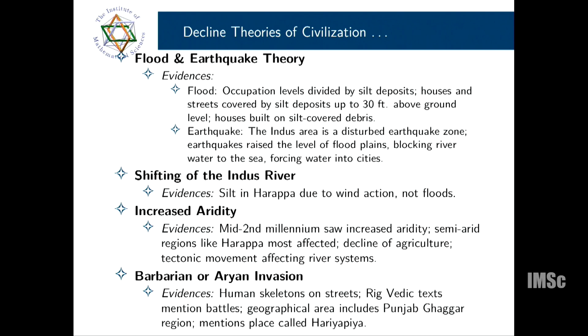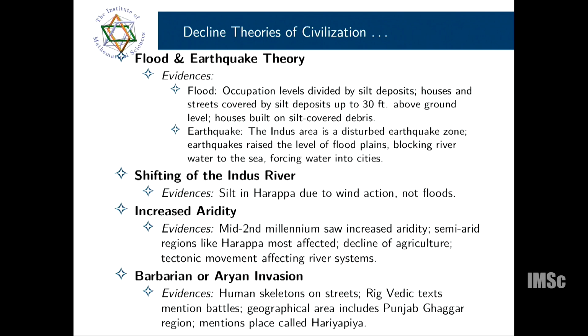The flood theory is saying that since multiple silt layers have been found, one set of houses on top of another, this kind of evidence shows that maybe a flood came and then the whole destruction happened. The earthquake theory says that maybe the whole civilization was on top of an earthquake zone.